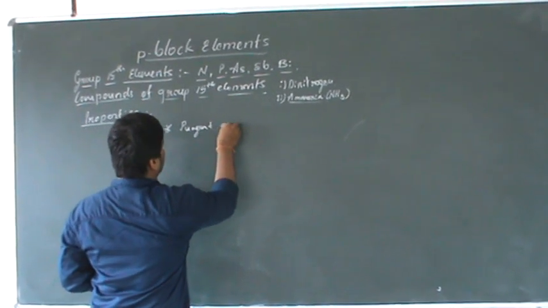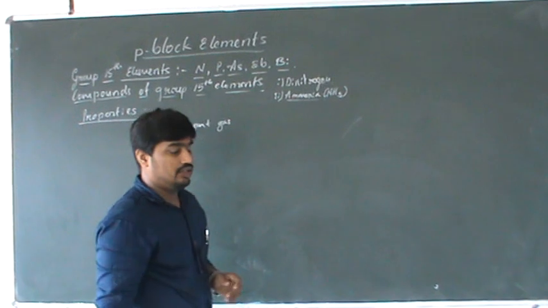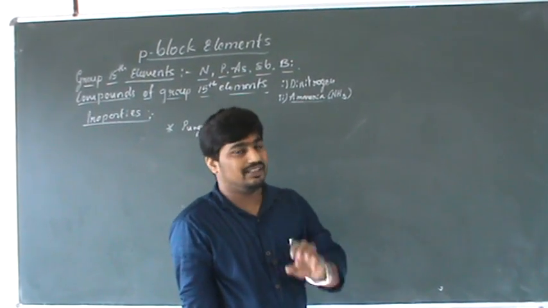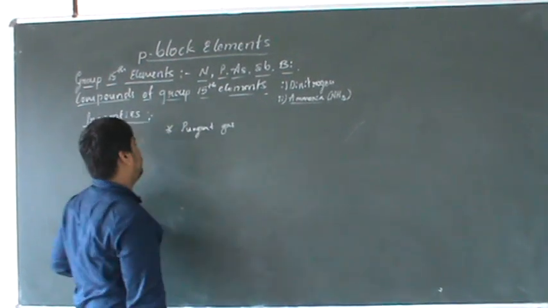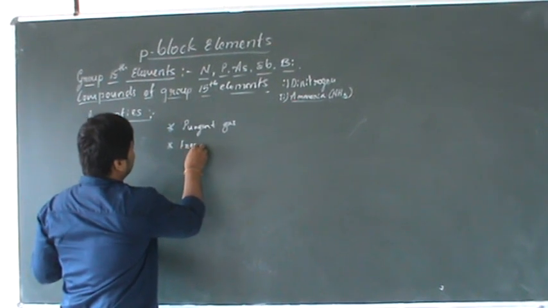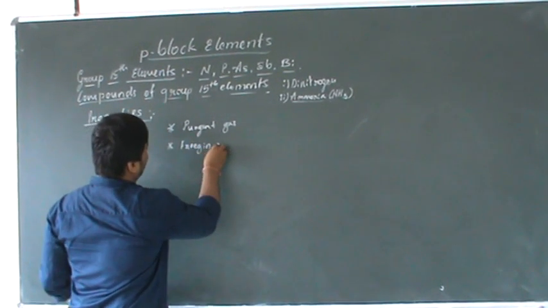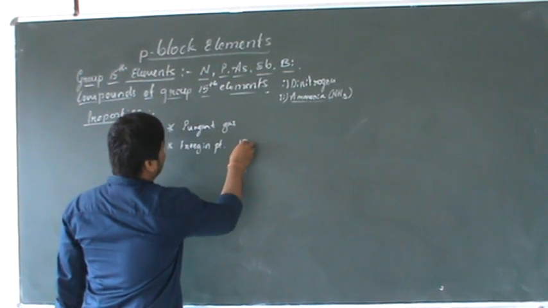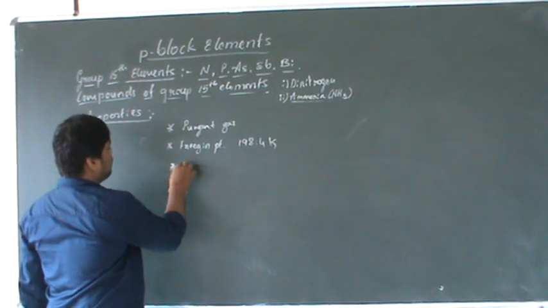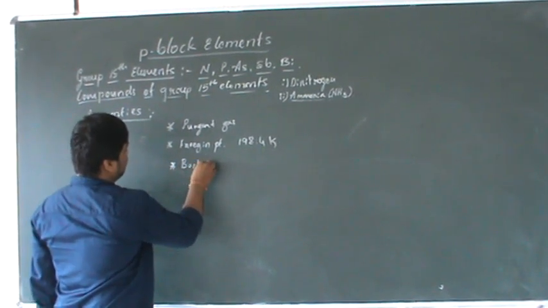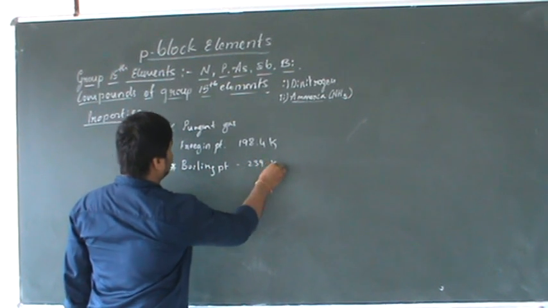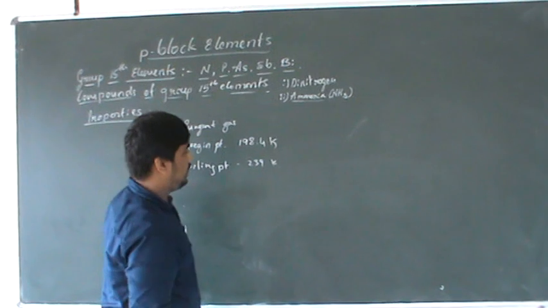At room temperature, ammonia is a pungent gas with a pungent odor. This is the observation of the zeroth group cation, correct? That is the odor of ammonia. Ammonia gas is evolved, and it has a freezing point around 198 Kelvin and a boiling point around 239 Kelvin.